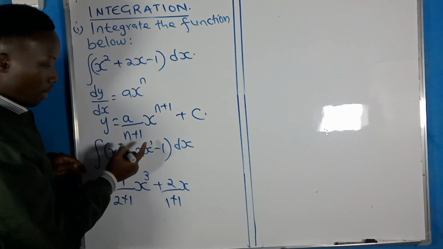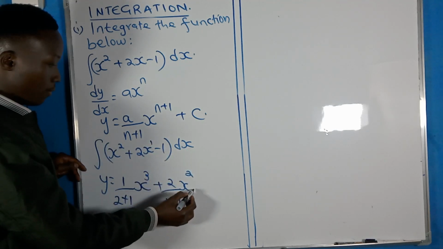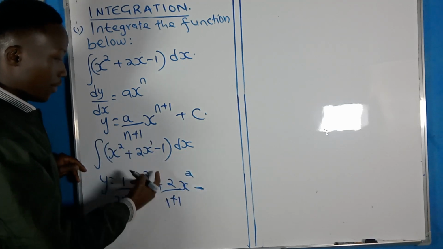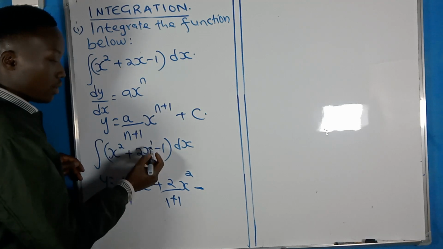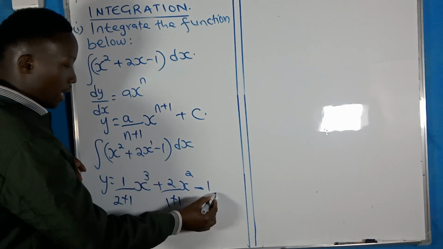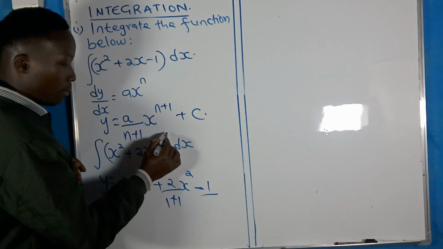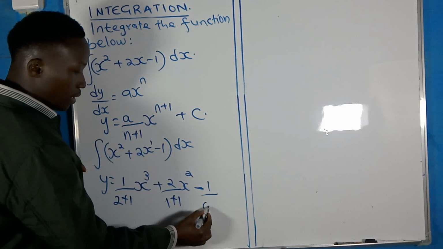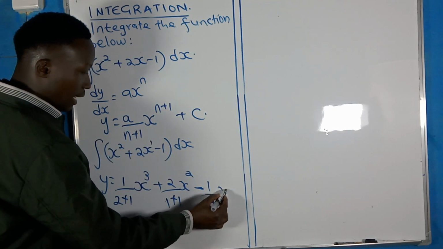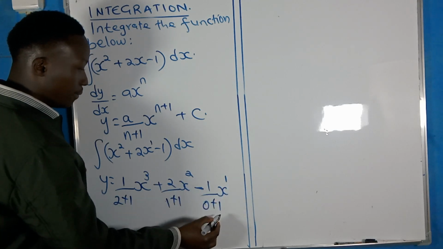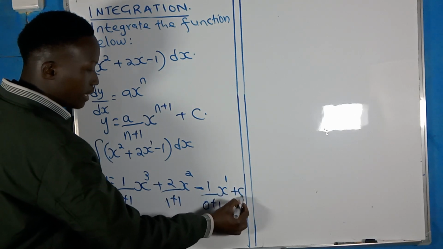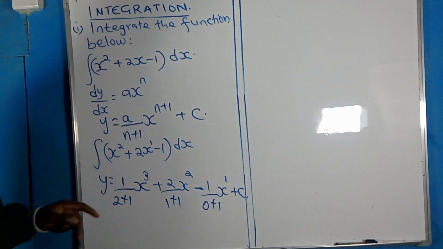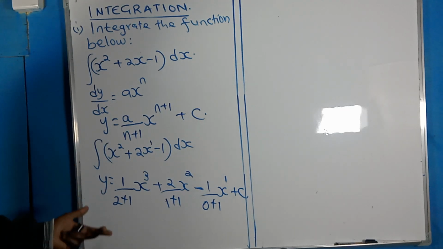then x to the power 1 plus 1, which is 2, then minus. When we integrate this one, it is going to be minus 1 over, x here is to the power 0, so it will be 0 plus 1, then x to the power 1, then plus c, the constant.